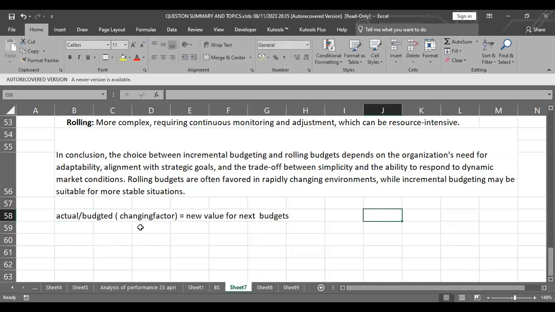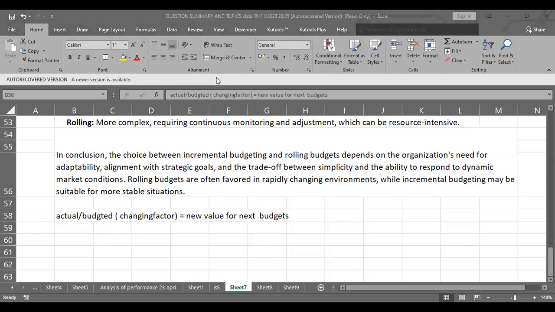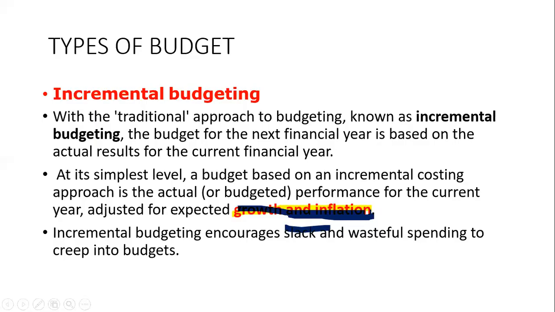Those are the two budgets. I've talked about incremental and I've talked about rolling. For incremental, I'll share some notes. There are advantages of rolling. It is suitable, especially if a budget has changes. It adapts to the changes.